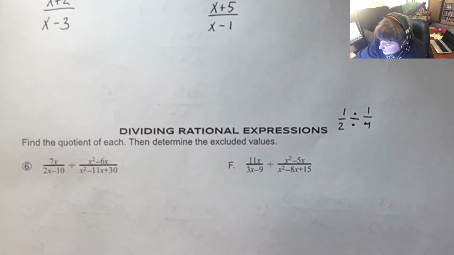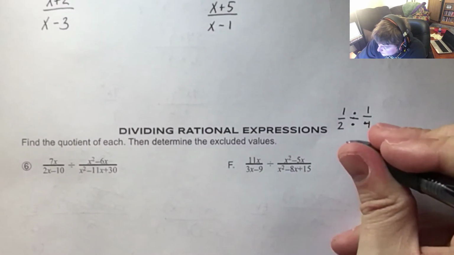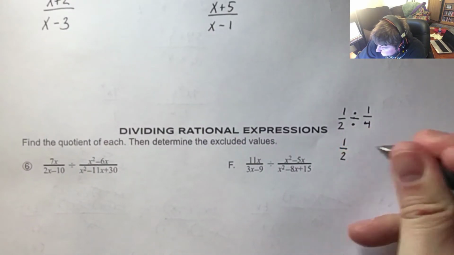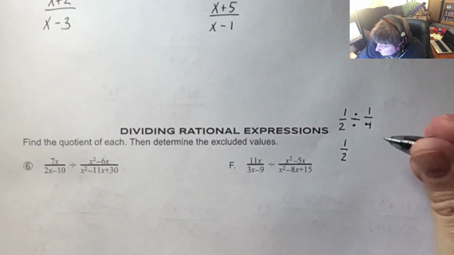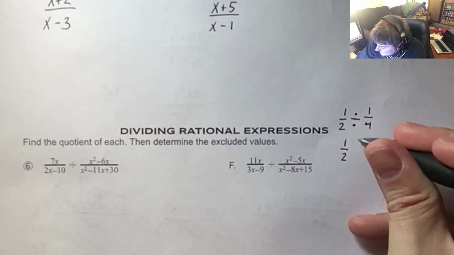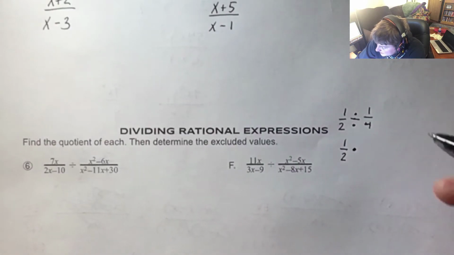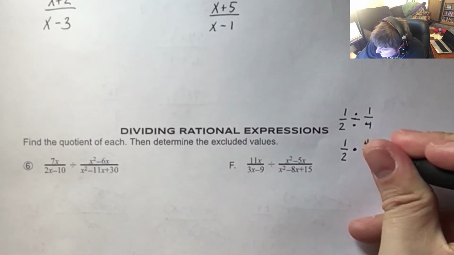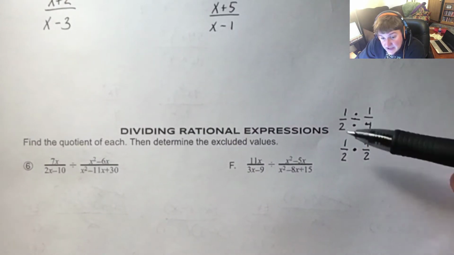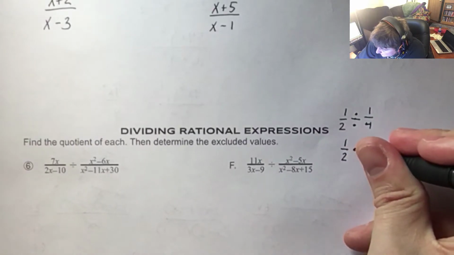If you remember, the trick is keep, flip, change. We keep our first fraction, turn our division into multiplication, and then flip the fraction here. So division of a fraction is the same as the multiplication of its reciprocal.